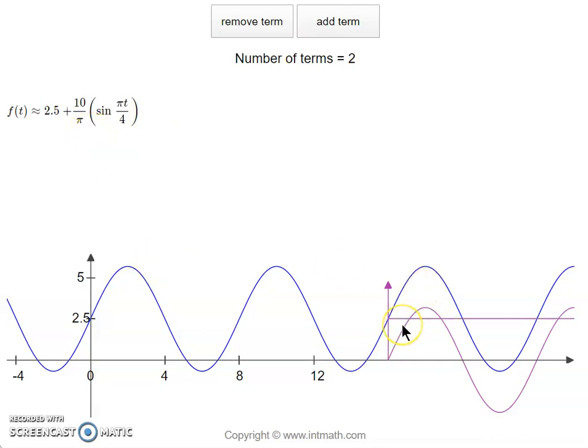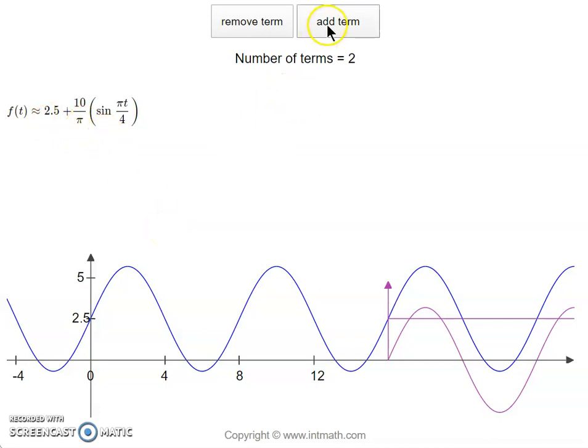If we look at these purple lines, we have one with 2.5 and another function of 10 over pi sine pi t over 4. When we add these two terms together, we have this blue line, which is represented by f(t) equals 2.5 plus 10 over pi sine pi t over 4.